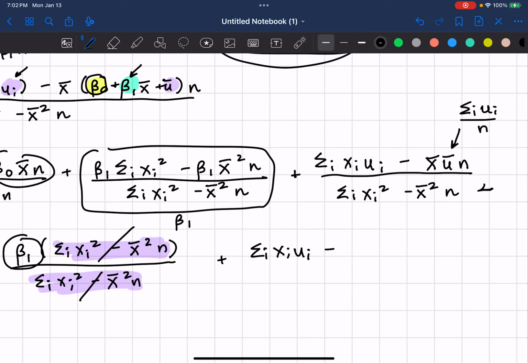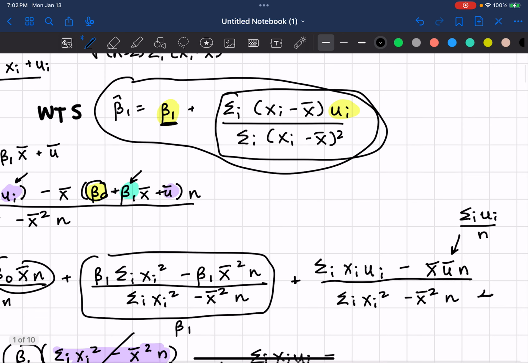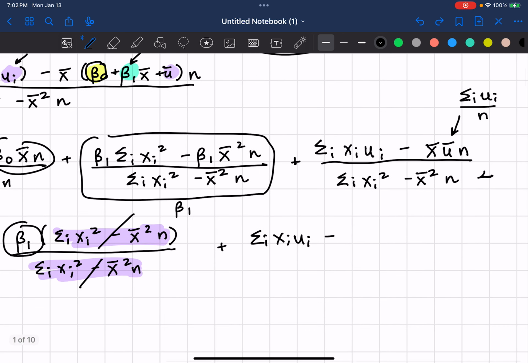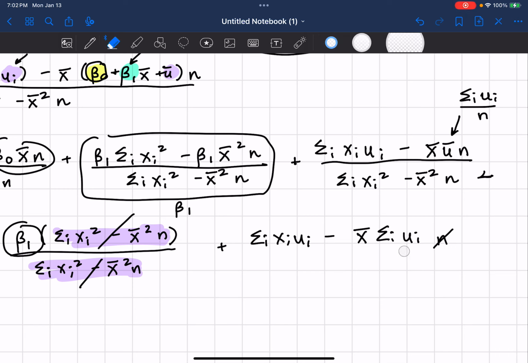The average of the u's is if you sum up all the u's and divide by n. Because we actually needed the x bar in here. So I'll say x bar sum I ui over n times n. The n's will cancel, and I'm left with just this.